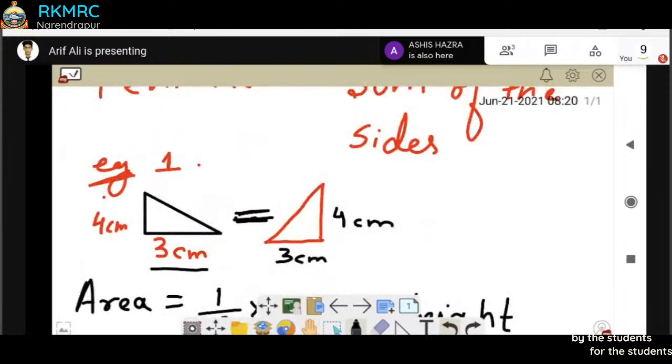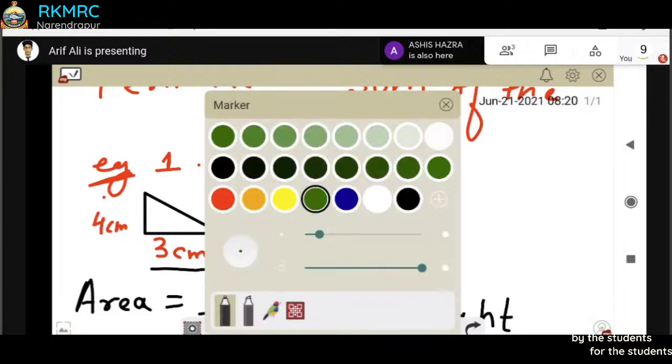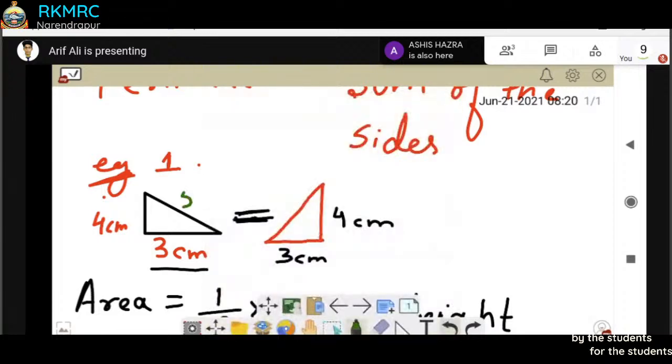So this one, 5 centimeter, we calculated it. So we know all the sides of this triangle: 4, 3 and 5.